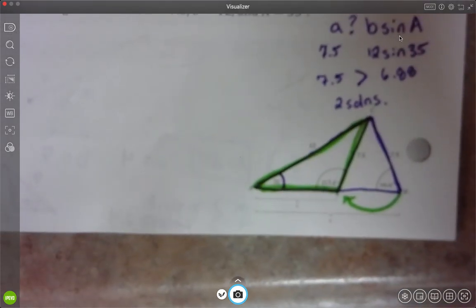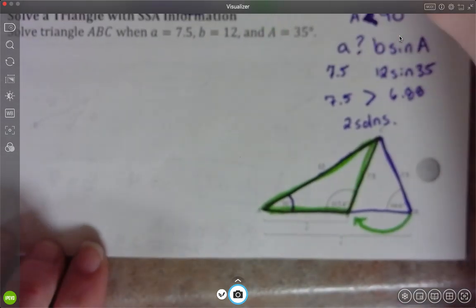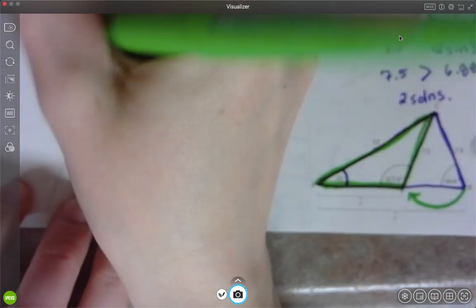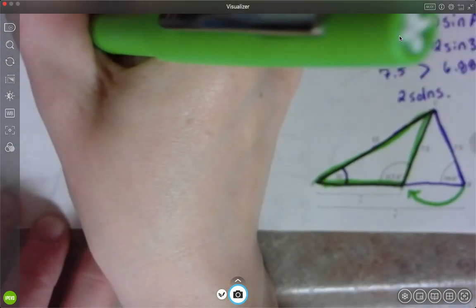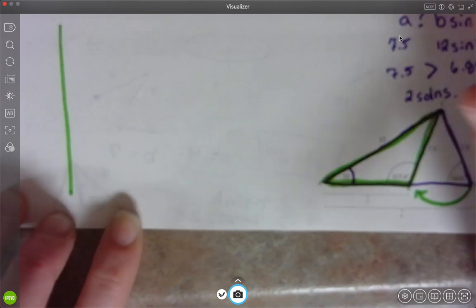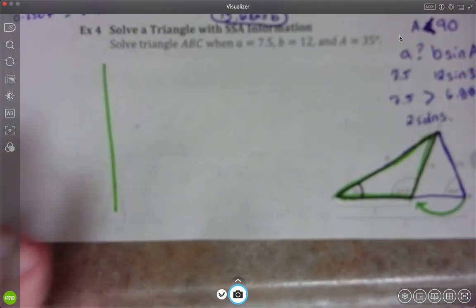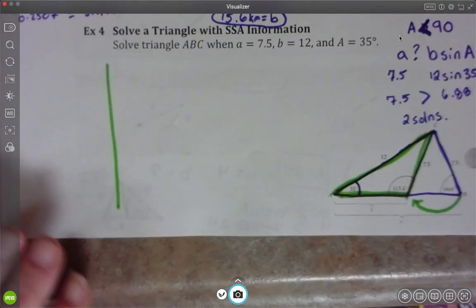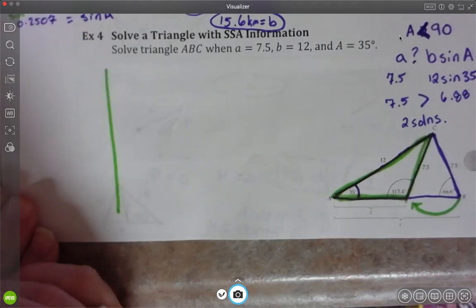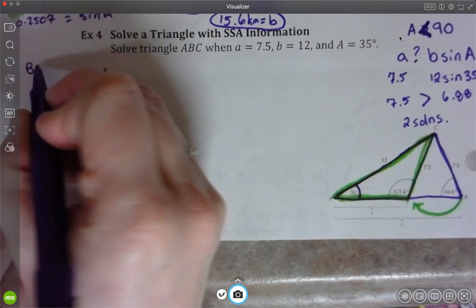Okay, so we're going to do this a couple different ways, or a couple different times. We're going to have a couple different sets of ABCs and all that good stuff. Okay, so here we go. Focus here. Okay, I'm going to label these out, this is going to be my big triangle.